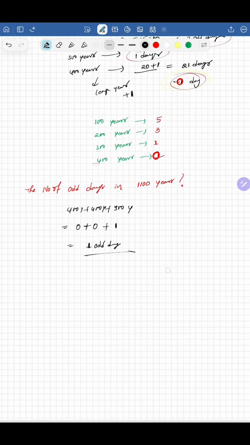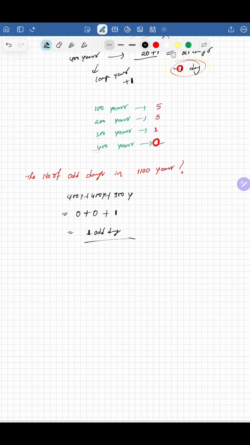Simple, right? One more question if I ask. Suppose they have given, find out the number of odd days in 3000 years. How can you solve it? It is easy. Already we have the data. From the data easily you can solve it, right? So how can you convert this into multiples of 400? If you divide 2800 by 400, it is getting divided, so it is coming 0, right?